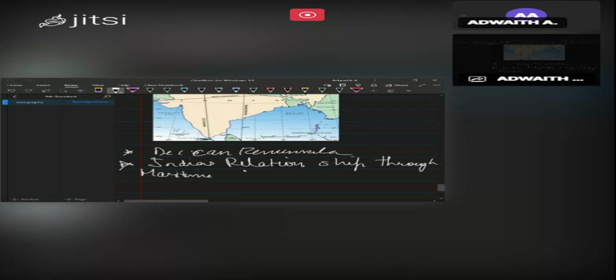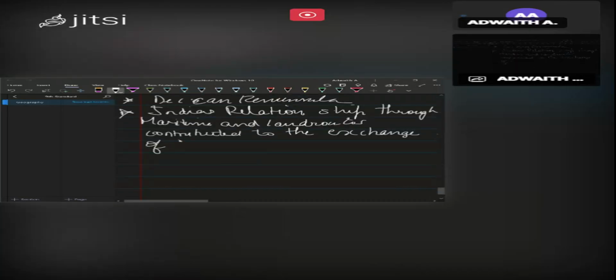Maritime and land routes contributed to the exchange of commodities and items.